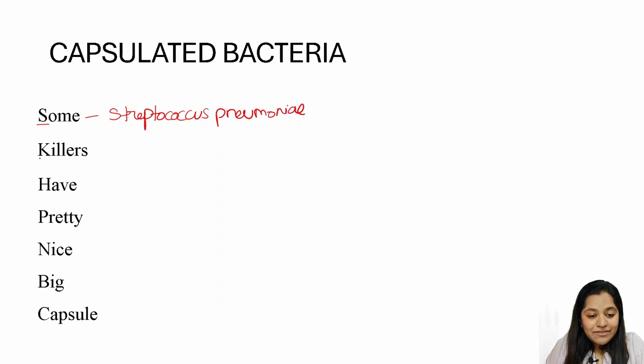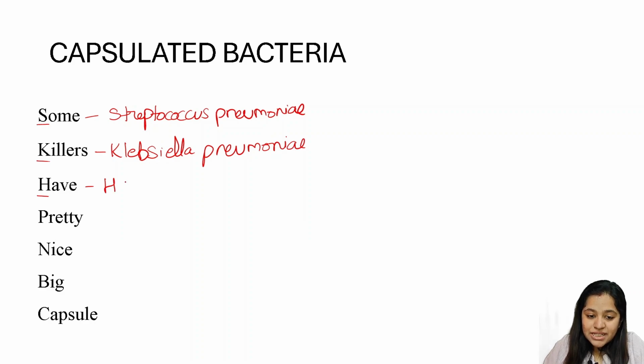Now, K will stand for your Klebsiella pneumoniae. See, this is a very important topic, capsulated organisms. These questions come a lot. Sometimes you can get a direct example or sometimes it can come indirectly.